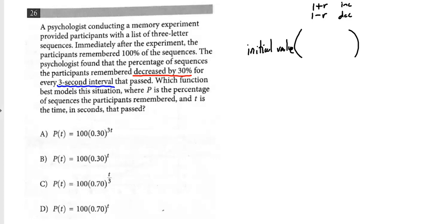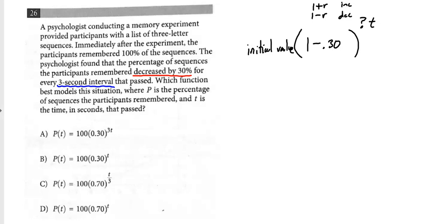We're decreasing 30%. So 1 means I wouldn't change. If I multiplied something by 1, I would keep the same thing. But I'm going to decrease by 30%. And then we usually have some sort of a time component up here, so we usually have some sort of a t. I'm going to loosely put that because I see on this problem, there's a couple answers here that both have a little something going on.